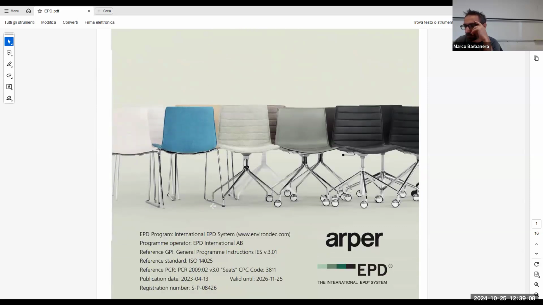In the environmental product declaration, typically you can find the main hypothesis of the study.